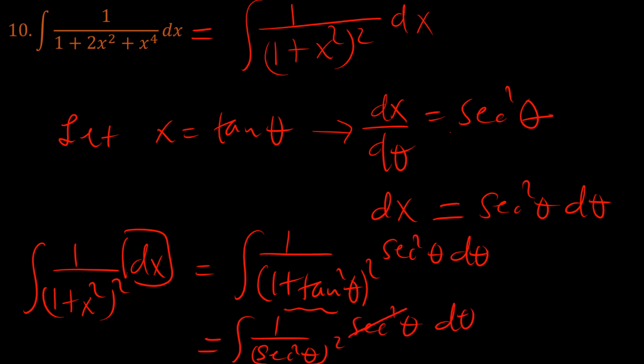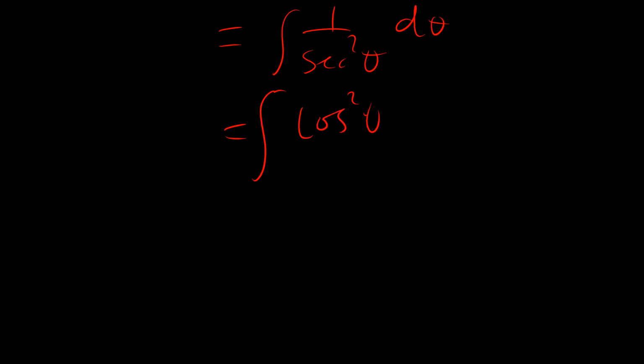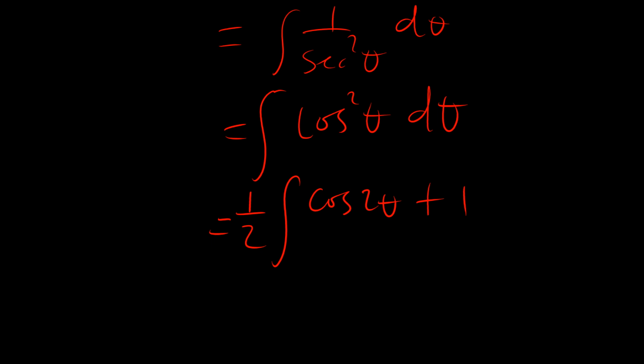So this goes with one of it, so that we now eventually have the integral of 1 over sec squared theta, which implies that this is the integral of cosine squared theta, which is the same as we saw previously, that we can express cosine squared theta as half of cosine 2 theta plus 1.